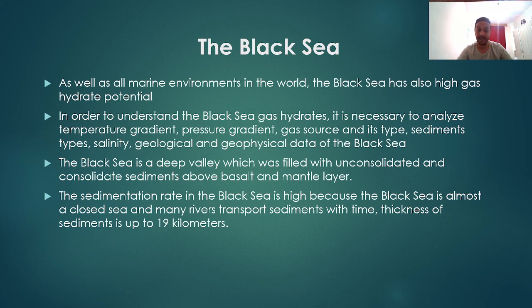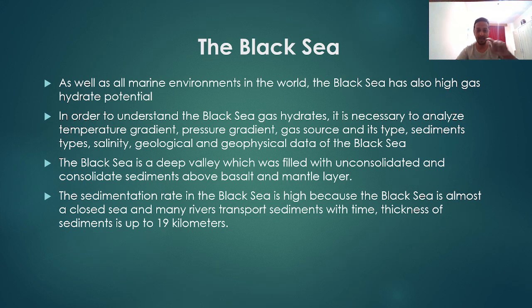The Black Sea is a deep valley which was filled with consolidated and unconsolidated sediments above the basal and mantle layer. The sedimentation rate in the Black Sea is high because the Black Sea is almost a closed area, as shown in the map.